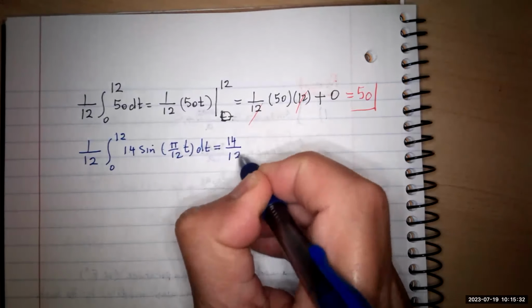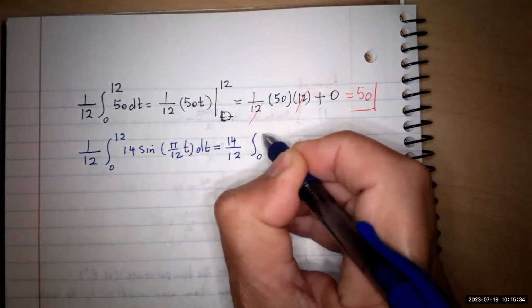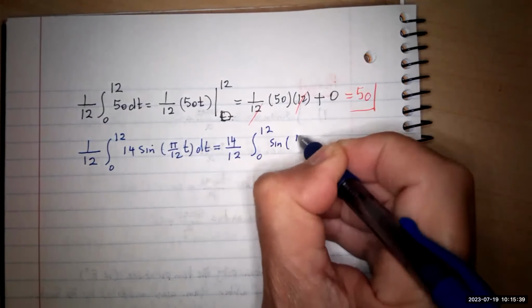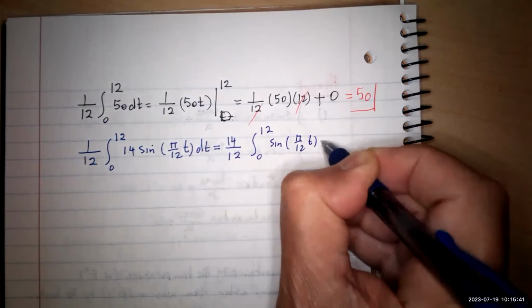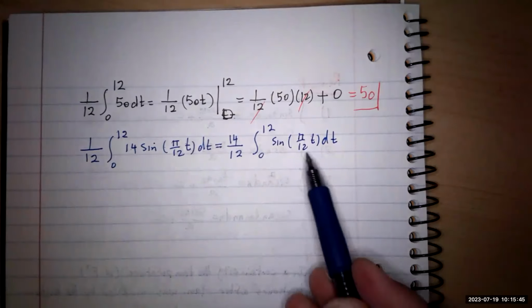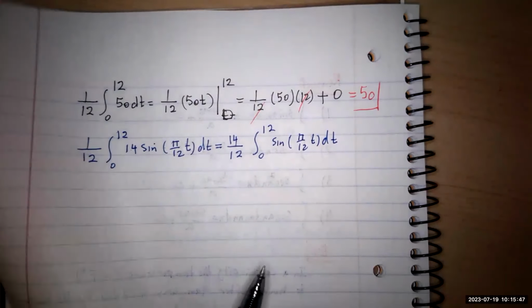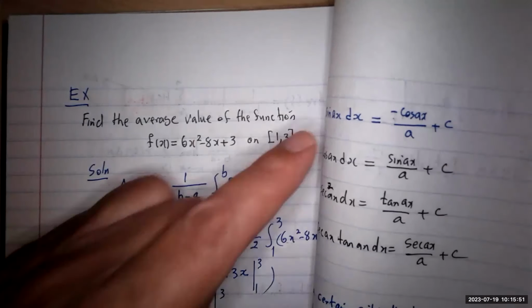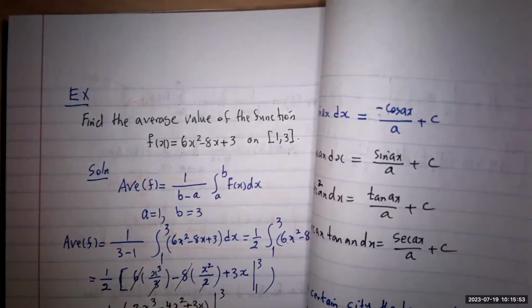So 14 over 12, integral from 0 to 12, sine of pi/12 t dt. Now use the shortcut that I talked about. This a is pi/12. Look at the formula: integral of a sine is negative cosine divided by a.